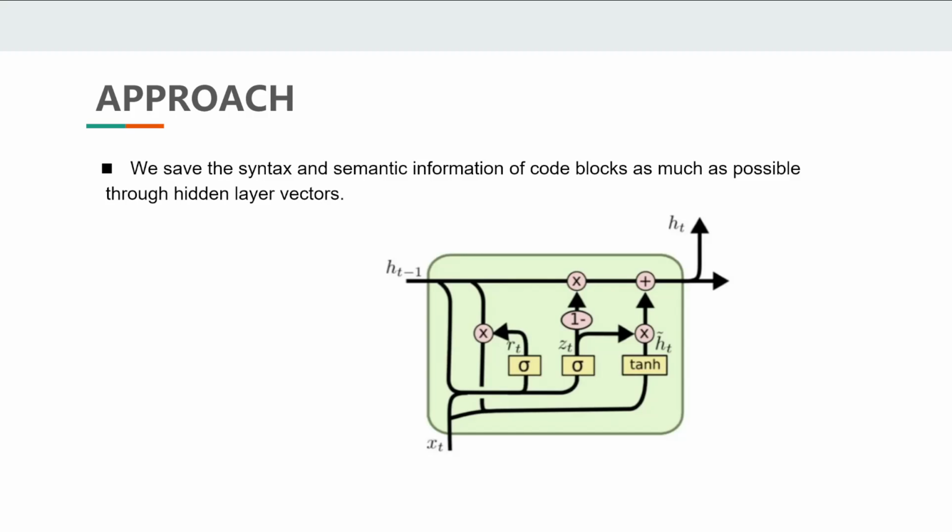We use TextRNN, GRU, BERT, and other deep learning models, and convert the syntax and semantic information of local code blocks into vectors, which are input into the weighted graph. We save the syntax and semantic information of code blocks as much as possible through hidden layer vectors.